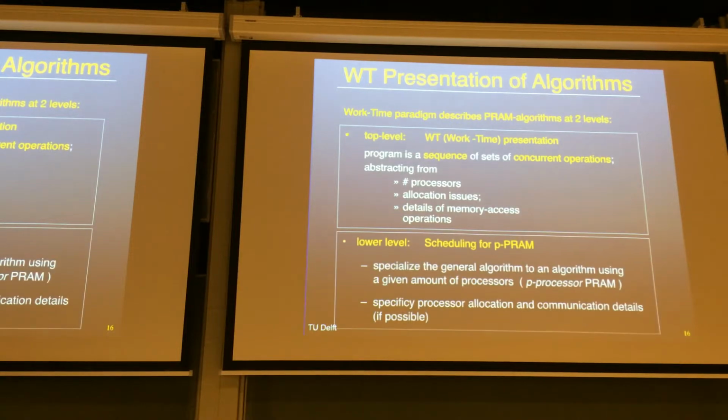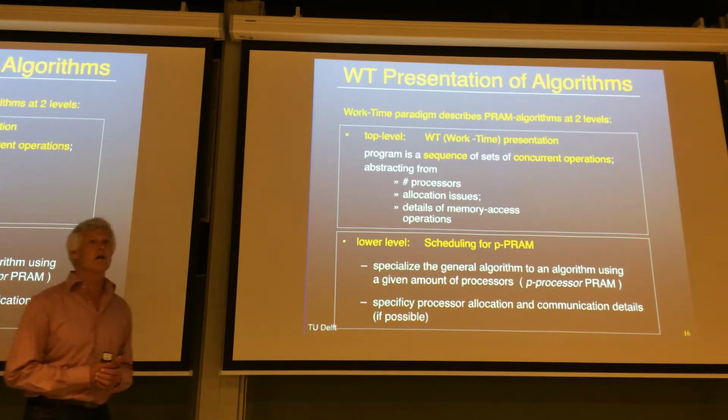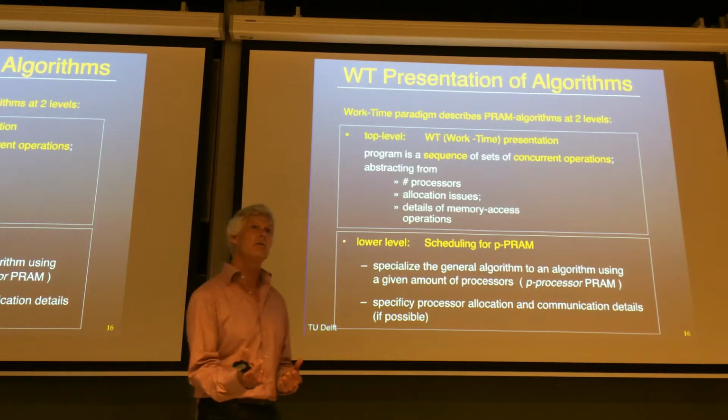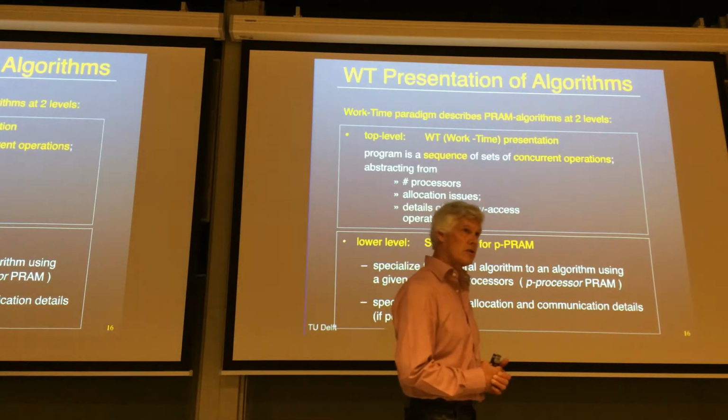But then, when you have designed your algorithm completely free of these implementation details, then you can specialize your algorithm to the architecture at hand. So, first of all, you can assume that there is not an unbounded number of processes, but you have to deal with a fixed amount of processes.